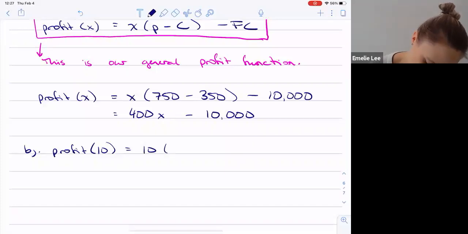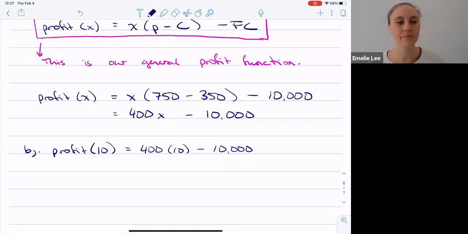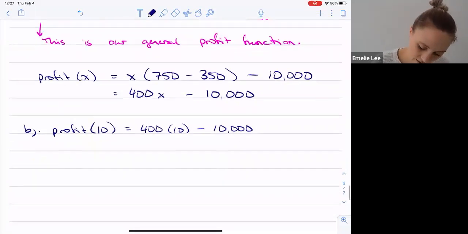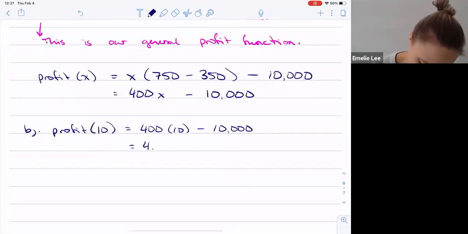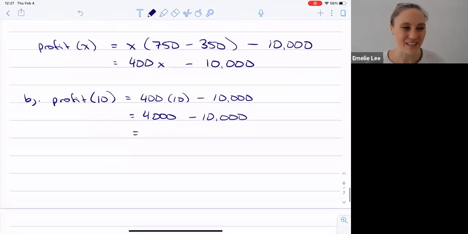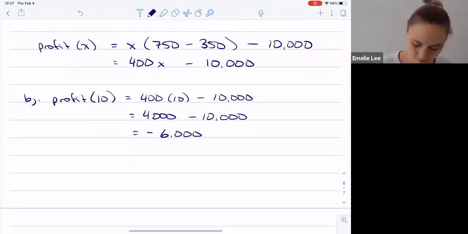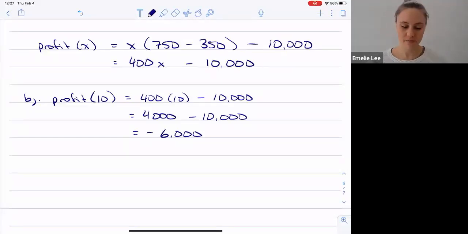So that's 10 times, or maybe I'll use the simplified version, 400 times 10 minus 10,000. 400 times 10, again, little mushy here, is 4,000 minus 10,000. This one I can manage. A negative profit, that's a loss, right?